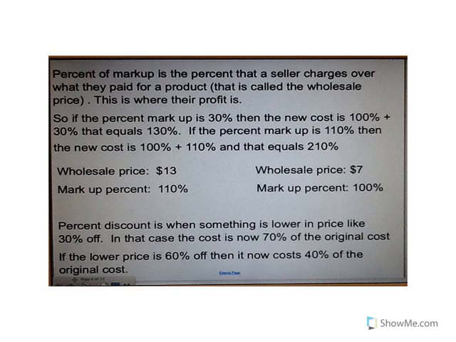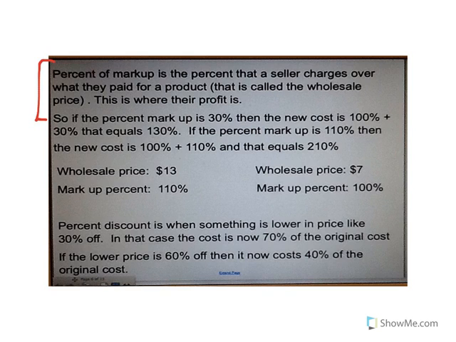So the next thing we're going to talk about is what's called percent of markup. Percent of markup is the percent that a seller charges over what they paid for a product. What they paid for the product is called the wholesale price. Then the extra part that they charge on, that's where your profit is. That's the percent markup.